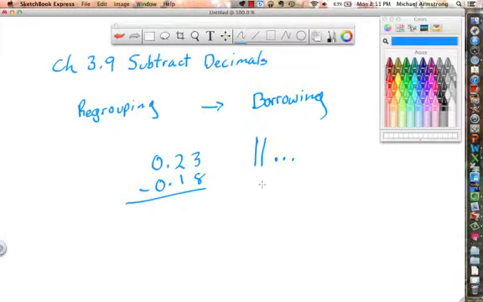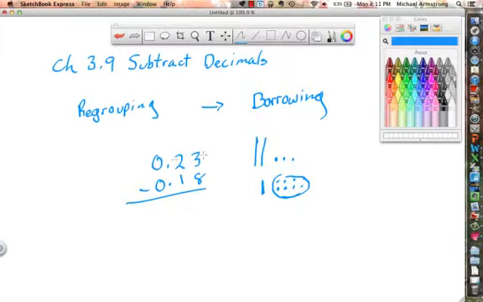And 18 hundredths looks like 1 stick and 8 dots. Okay, so we're subtracting. We can't take these 8 away from these 3. It doesn't work because there are more of them. So we have to borrow or regroup. So we're going to regroup.